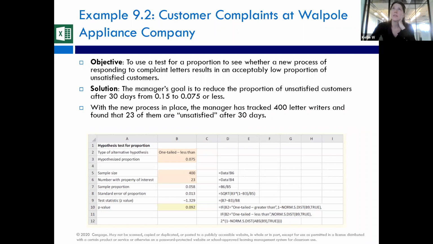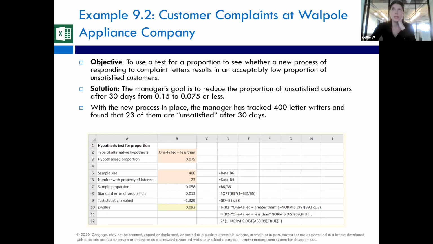So what does this look like in terms of business? Let's say we have an appliance company, and we want to see if our new process for responding to complaint letters results in an acceptably low proportion of unsatisfied customers.